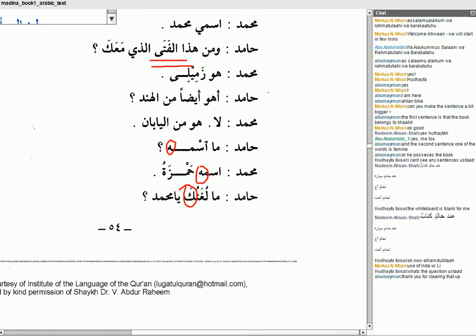Now, for example, as we have learnt, we might say kitabu. Let me type it in the chat box so you can all see it clearly, inshallah.